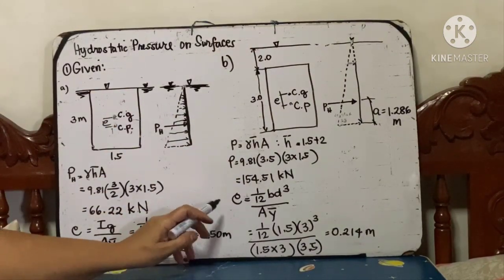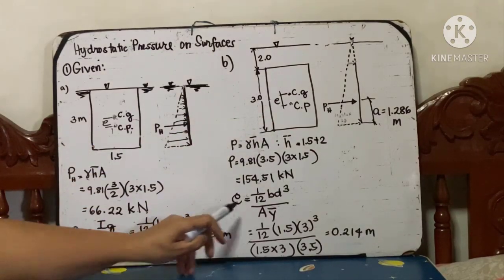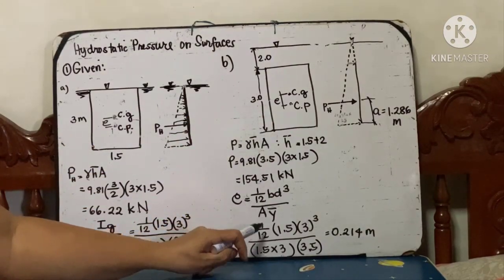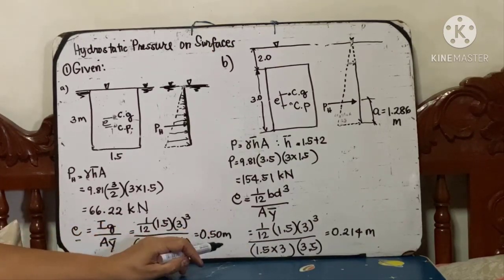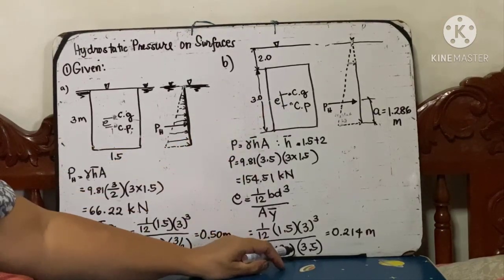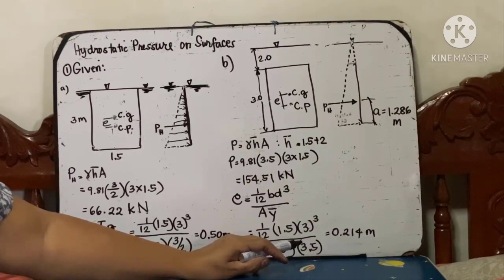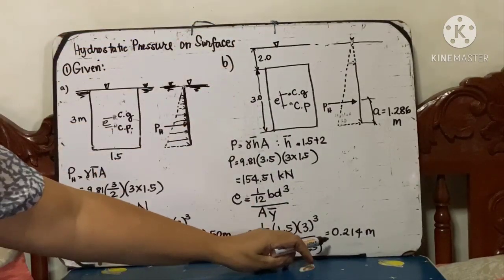So you can get this E with the same formula, Ig over A barred Y. So 1/12, the same object is 1.5 by 3 cubed, and A is the area of this rectangular section. But our barred H is equal to barred Y, which is equal to 2 plus 1.5, which is 3.5.